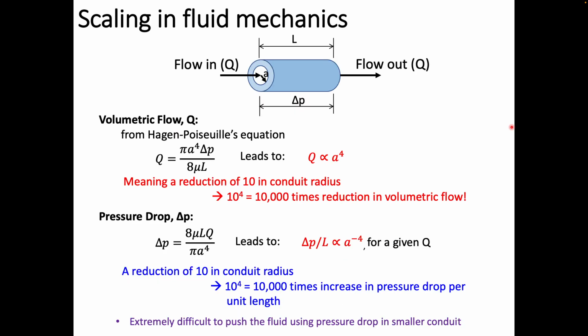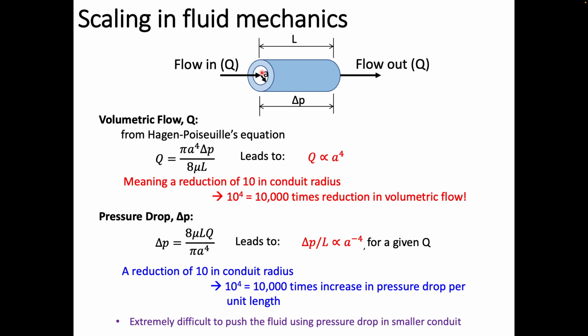So now we can look into fluid mechanics. We are going to go over several examples in this topic. Here we basically have a conduit, and there will be a pressure drop as liquid flows through this conduit.